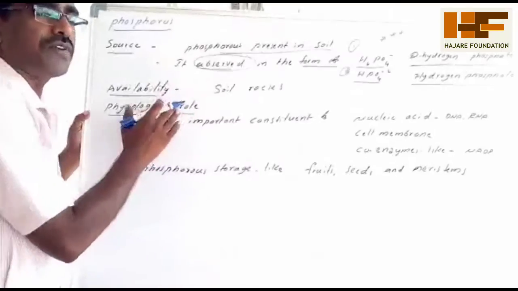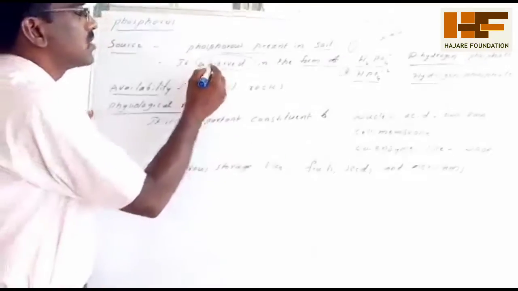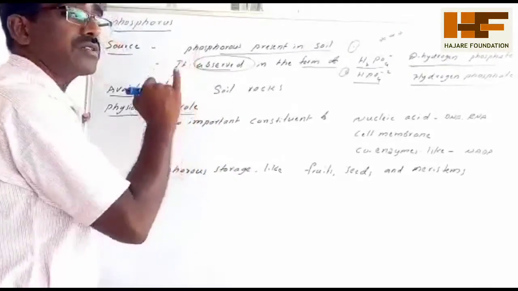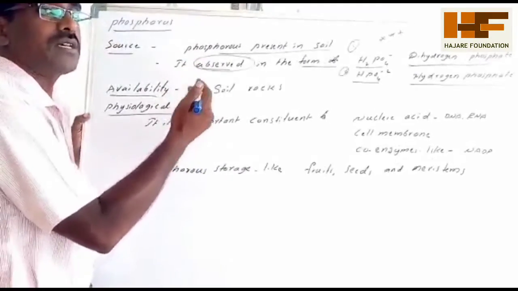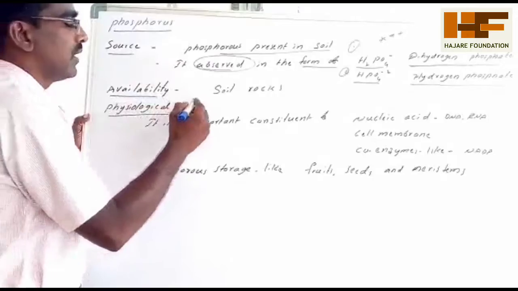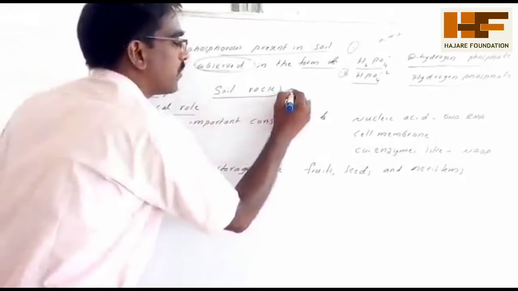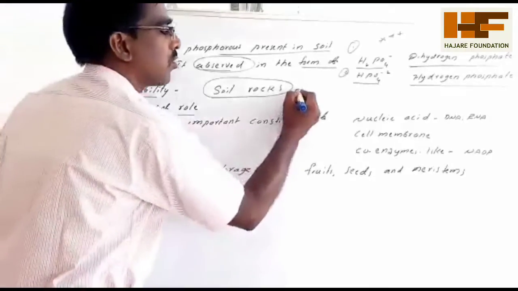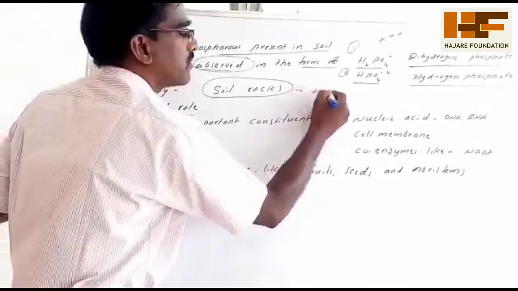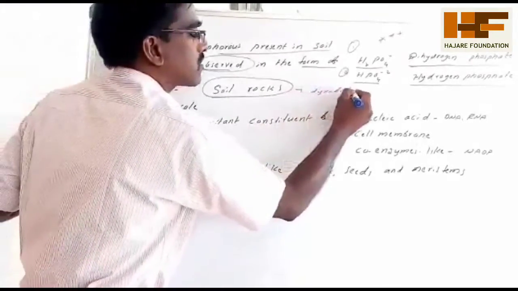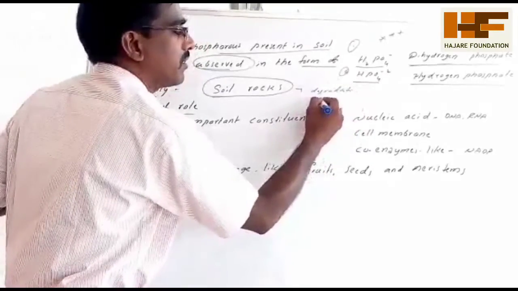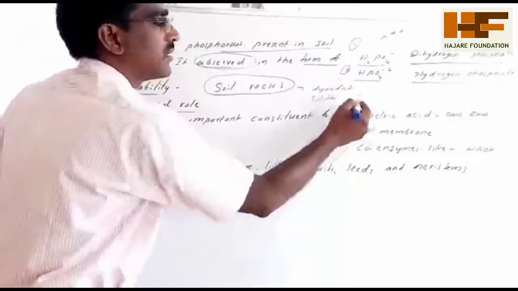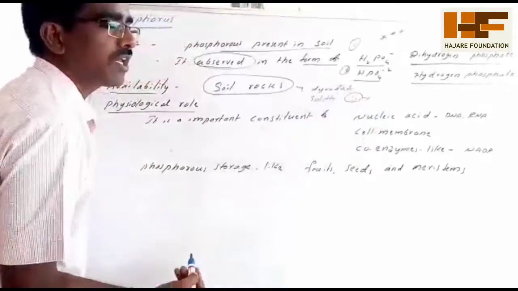Now availability: the soil consists of phosphorus, but from where does the soil get it? Phosphorus is available in the soil when rocks go for degradation, rocks split, and then they become small particles that can dissolve in water.